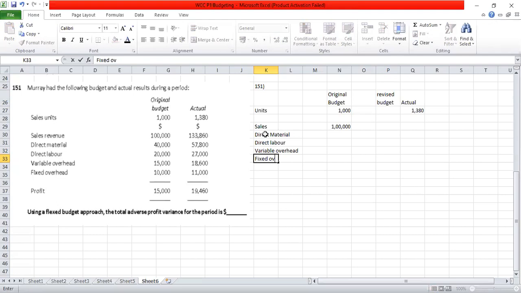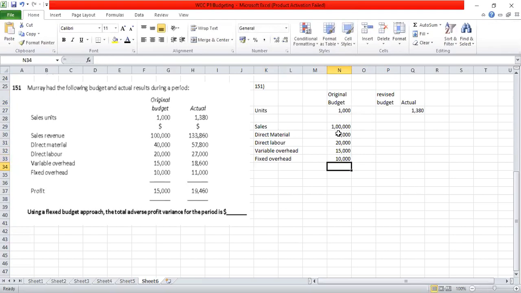So fixed overhead, how do we treat that? We will look into that. Now, let's fill this column, 1000 units, which is the original budget. Direct material is 40,000. This is 20,000. Then this is 15,000. And this one is 10,000.